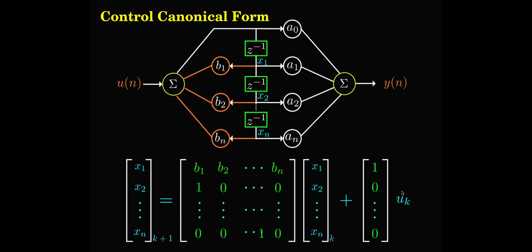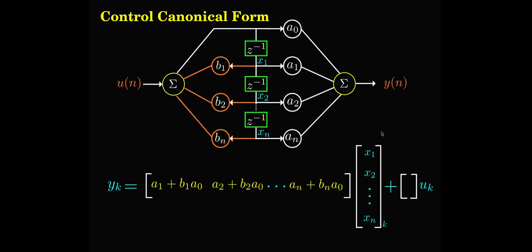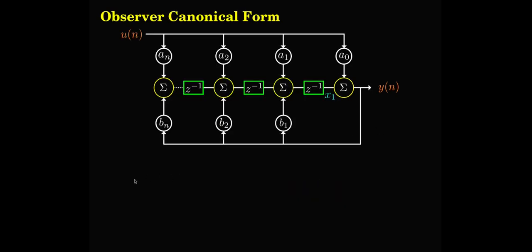Any input, control input, is felt by state x1, and that percolates. x1 becomes the input to x2, it will manipulate x2, which will manipulate x3, which will manipulate, and so on, xn minus 1, which will manipulate through this xn. So therefore, one control input can control all the states, and therefore it's called the control canonical form. So coming to the observer canonical form, I'll call this one x1, x2, xn.